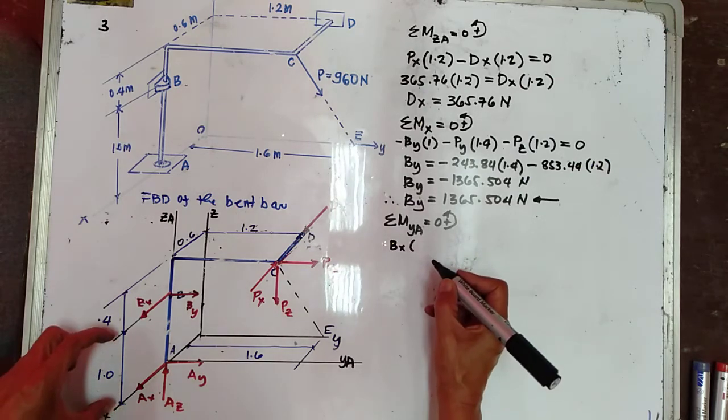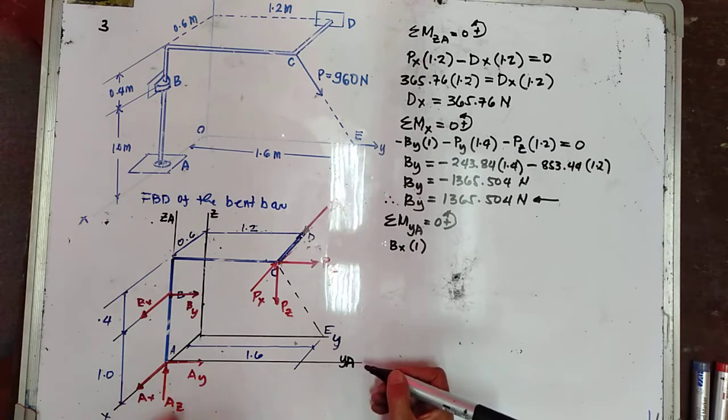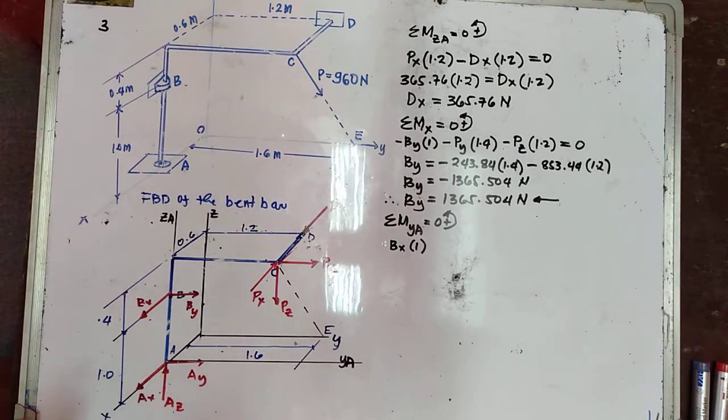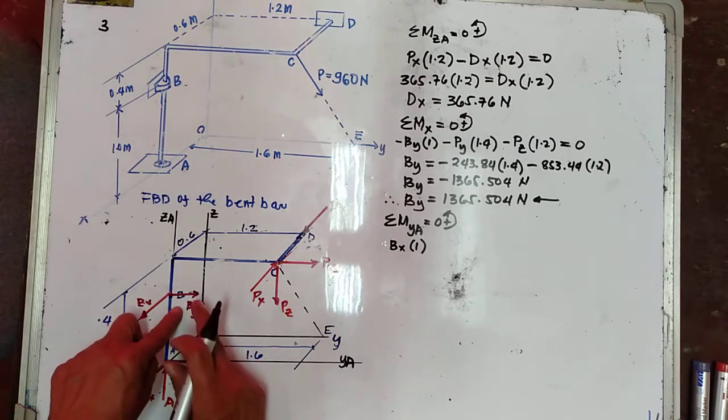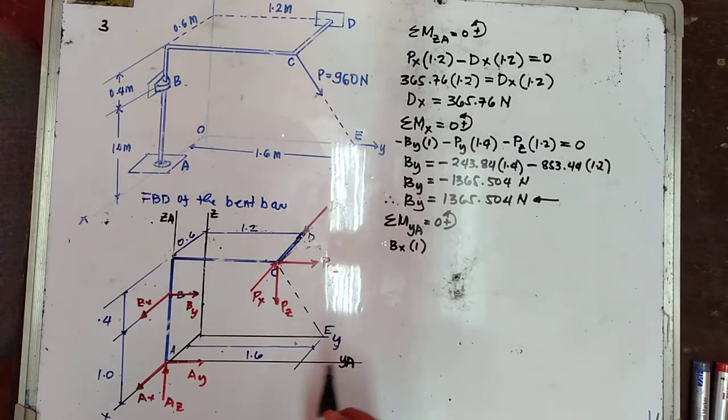The moment arm is 1. AX, AY, and AZ have no moment about YA because all of these three forces intersect the YA axis. By has no moment because it is parallel to the YA axis.